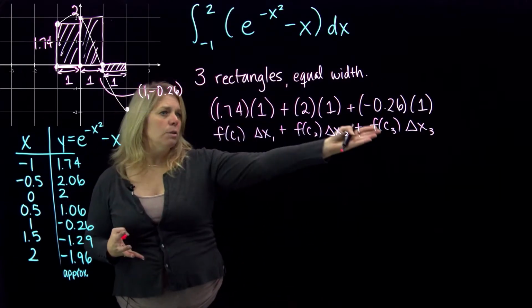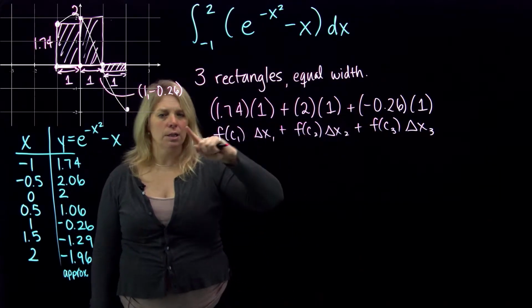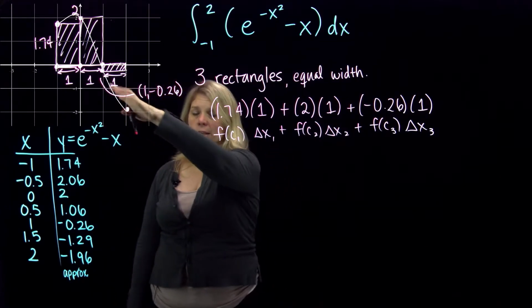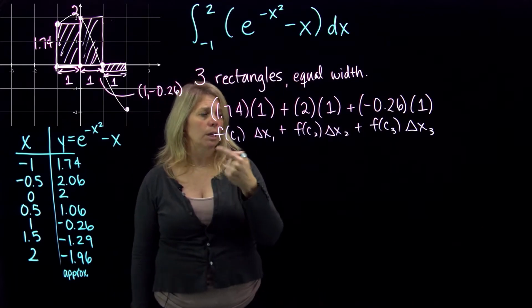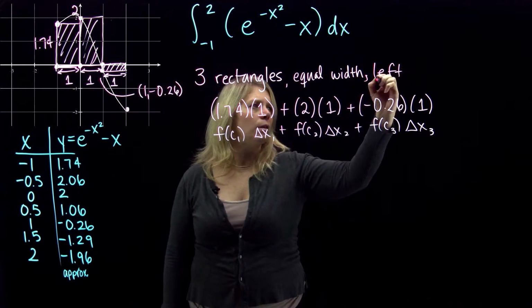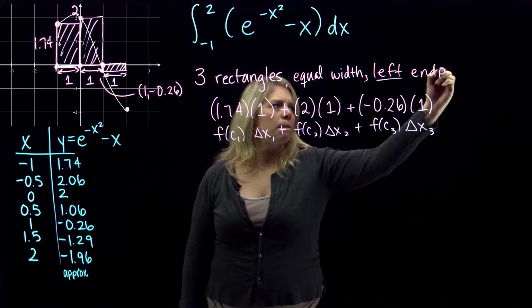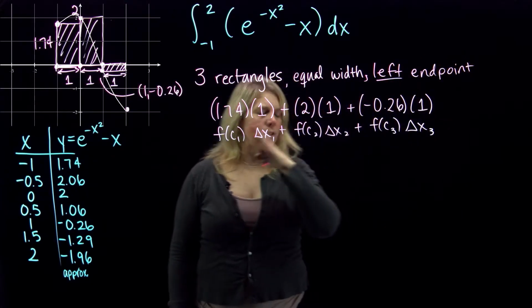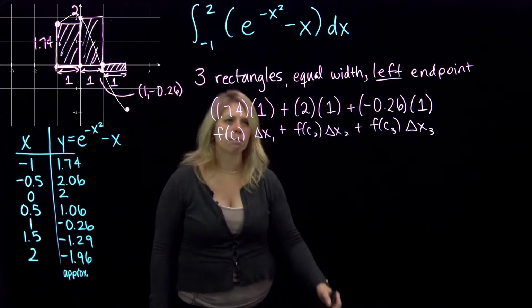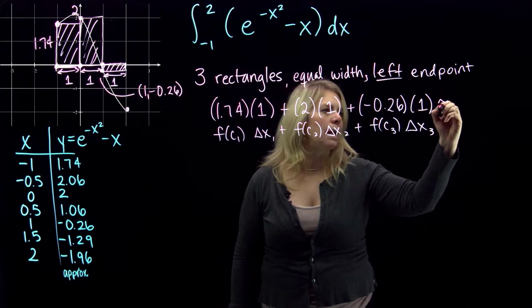And so if I just do these multiplications and this addition, I get an approximation for this integral using 3 rectangles of equal width, and I use the left endpoint of each subinterval. Okay, so we add that all up, and you should get approximately 3.48.